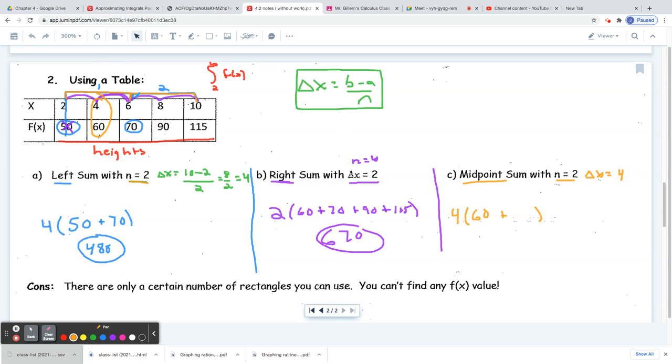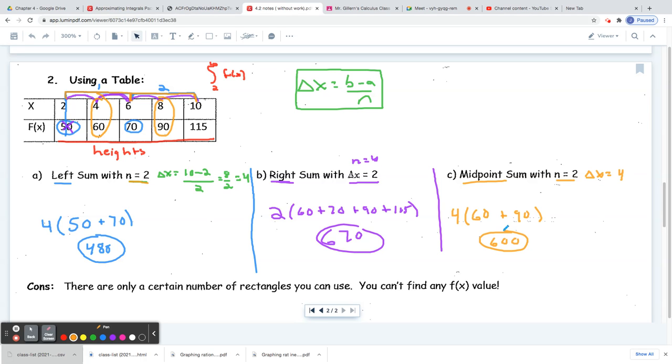That was the second one. 6 is the left side, 10 is the right side. 8 would then be the midpoint, right? 8 is in the middle of 6 and 10. So I use 90. And then do 60 plus 90 times 4, which is 600.